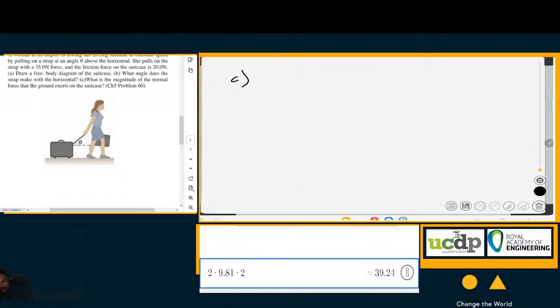C, you need to calculate what's the magnitude of the normal force. Okay, so N, the normal force, is just equal to the force of gravity minus the applied force F sine theta.